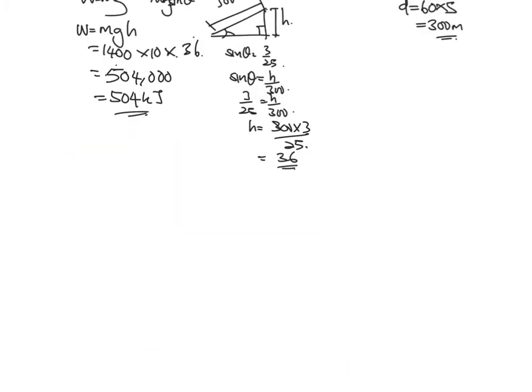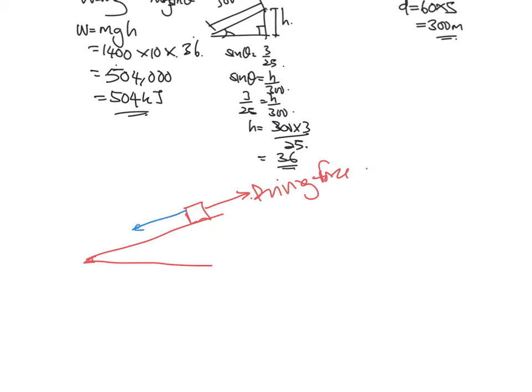Next, for a vehicle to move forward on an inclined plane, the force that's acting forward is called the driving force. This driving force is basically the combination of two of the other forces.